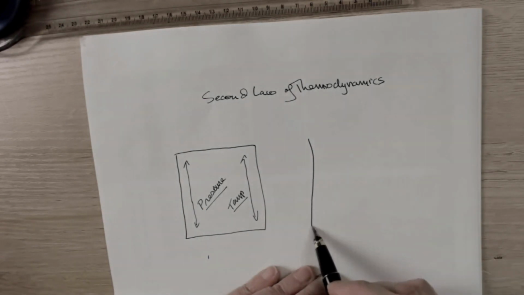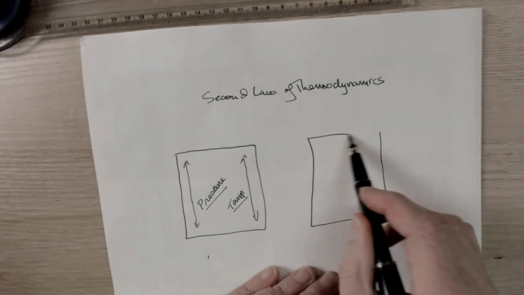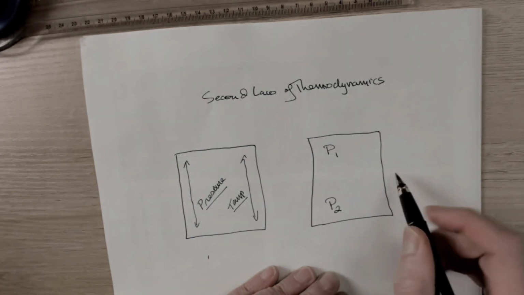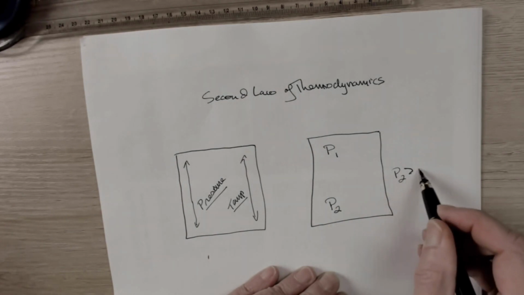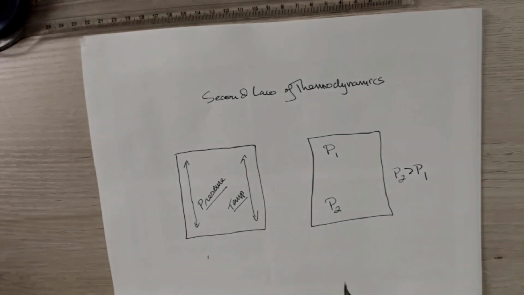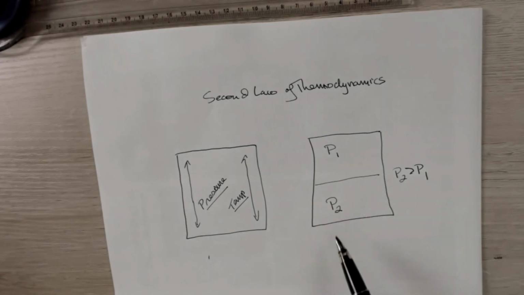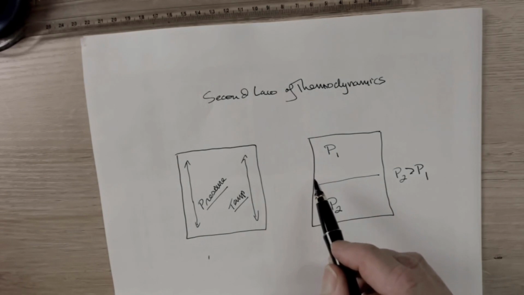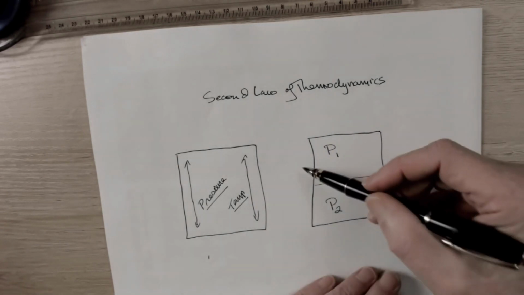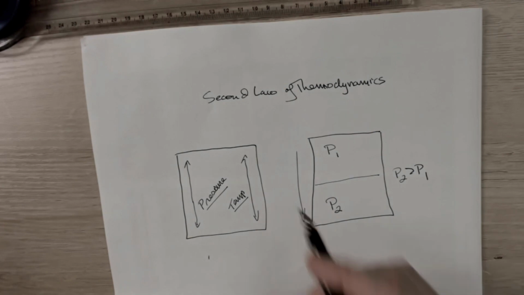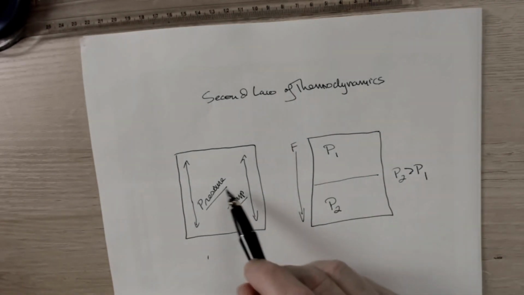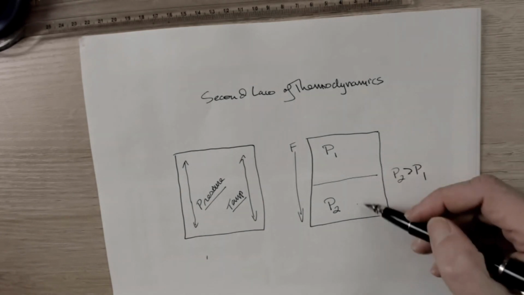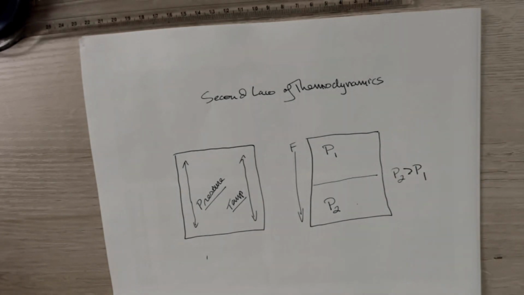If, on the other hand, we have a pressure gradient where we have high pressure in one part of the container and low pressure in another part of the container, the only way that that can occur is if you have some sort of a force acting on the container that would perform work on this uniform pressure and cause a pressure gradient in the same direction as the force.